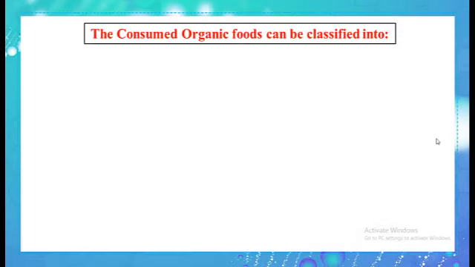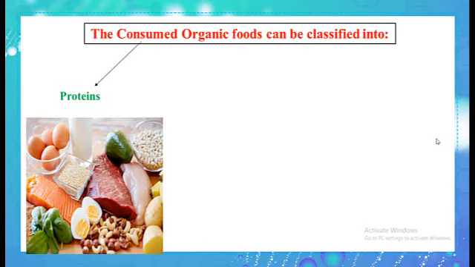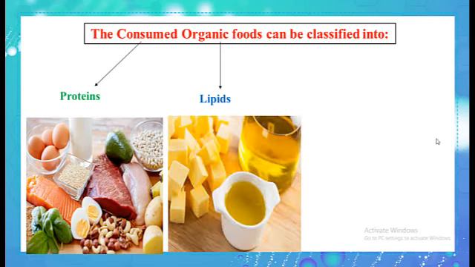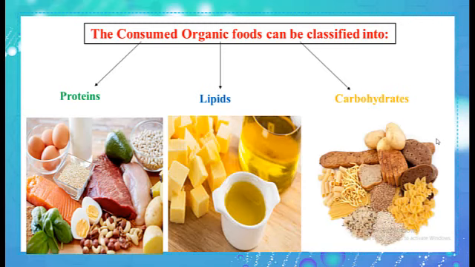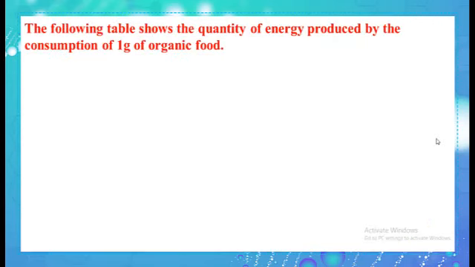Do all food have the same energy value? Before answering this question, we must classify the consumed food into food rich in proteins such as milk, meat, and eggs, food rich in lipids such as oil and butter, and food rich in carbohydrates such as bread, rice, potato, and pasta.